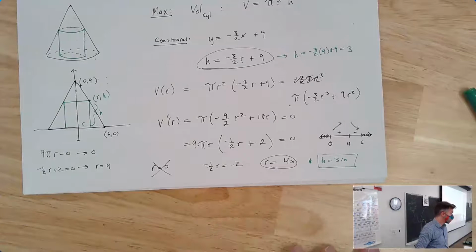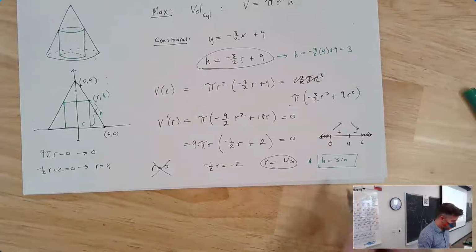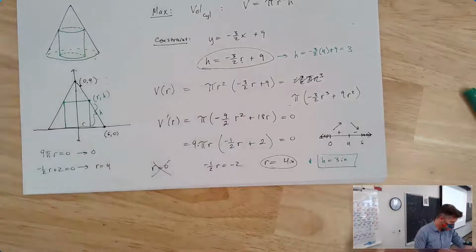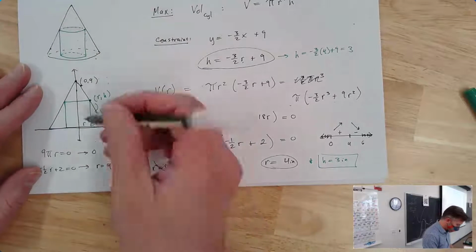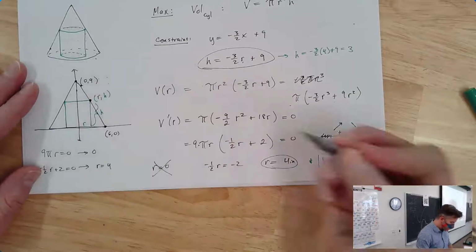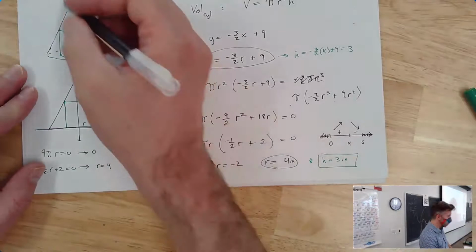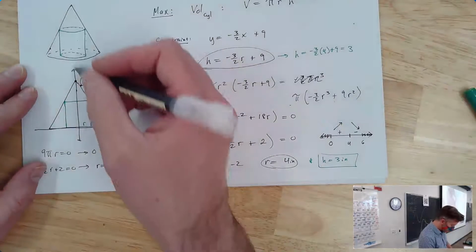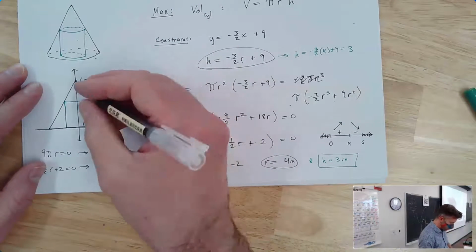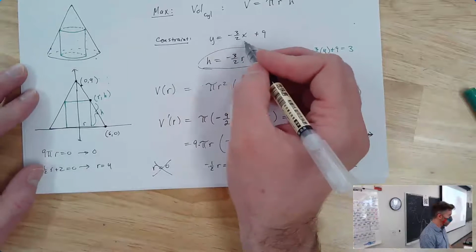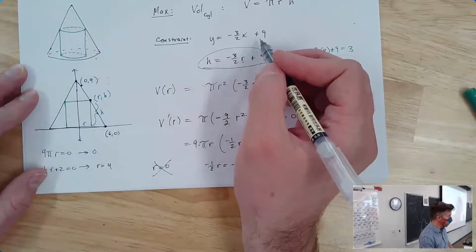Could you explain the constraint again? Sure. So we actually got it from the previous problem, but I'm getting the constraint by saying that point there has to be on the line. That's the line of the triangle from the cone that we drew. And that line has an equation, y equals negative 3 halves x plus 9.